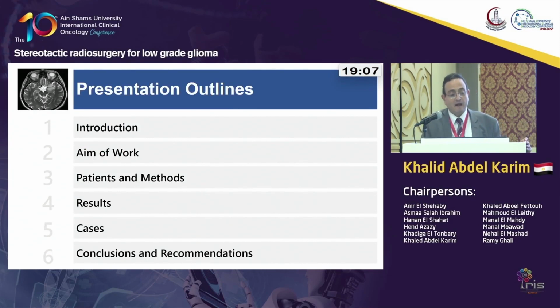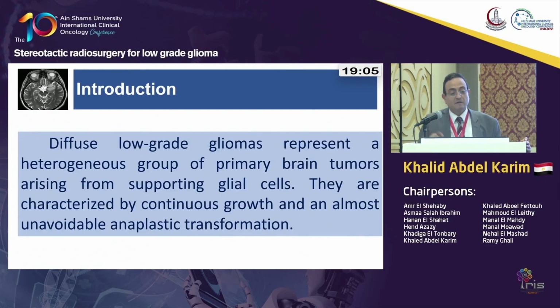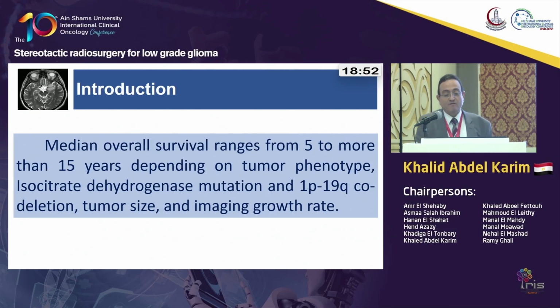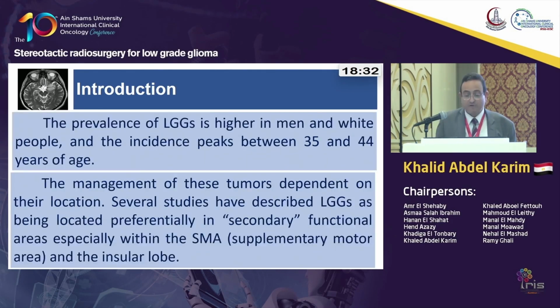This is the outline, and diffuse low-grade gliomas represent a heterogeneous group of primary brain tumors, as we have heard earlier. Median overall survival ranges from 5 to more than 15 years, depending on tumor phenotype, isocitrate dehydrogenase mutation, IDH, and 1p19q co-deletion, tumor size, and imaging growth rate.